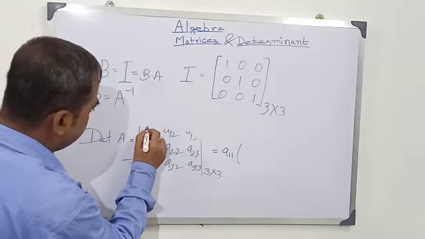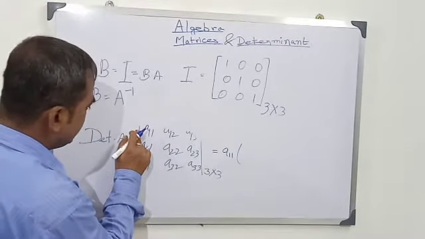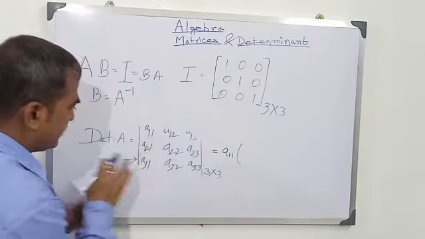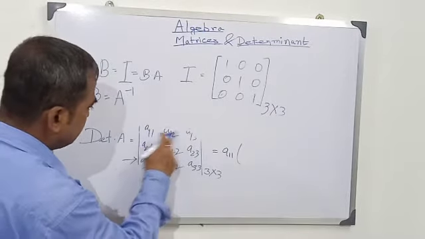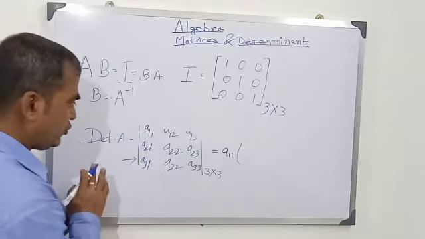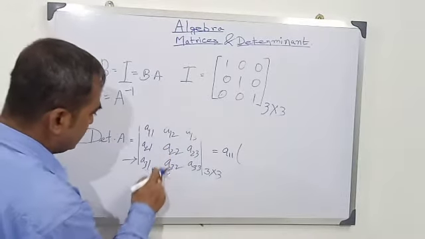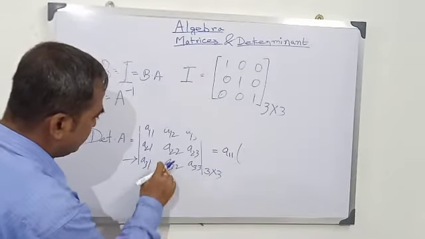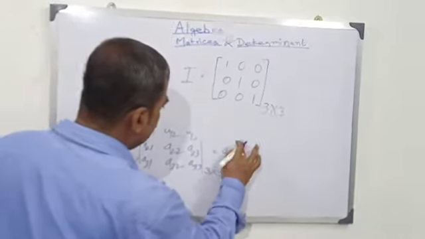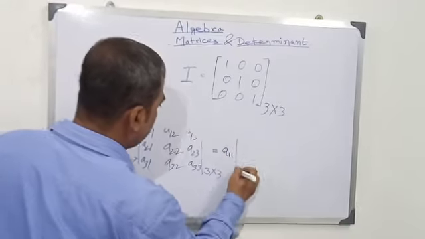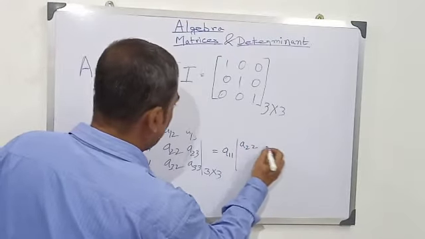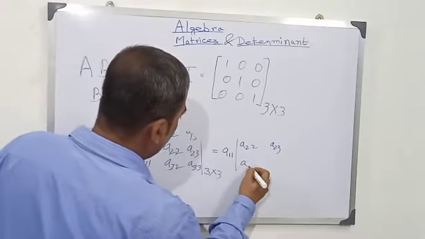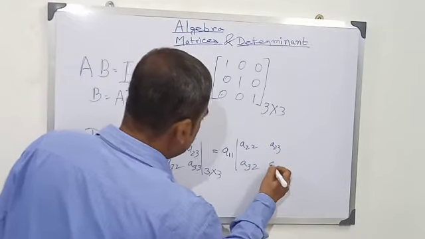Cofactor determinant means with this element I want to expand, so this row and this column we omit. So from 3 cross 3, we have a 2 cross 2 determinant. That determinant we will write like a22, a23 and a32, a33.